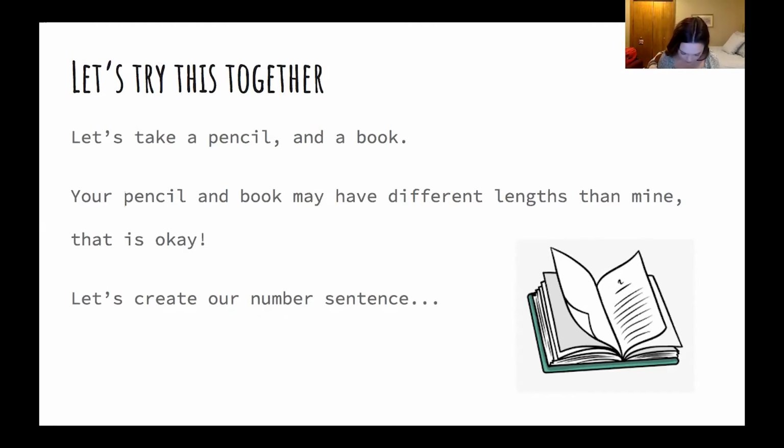Book, 9 inches. Great. So pencil, 6.5 inches, and book, 9 inches. All right. So which one of these two numbers is larger?